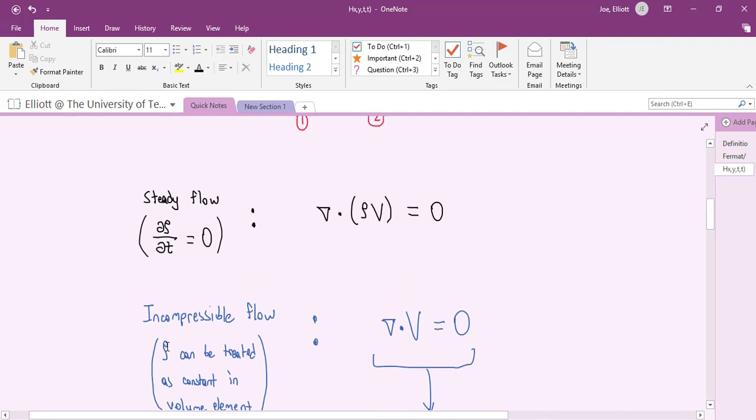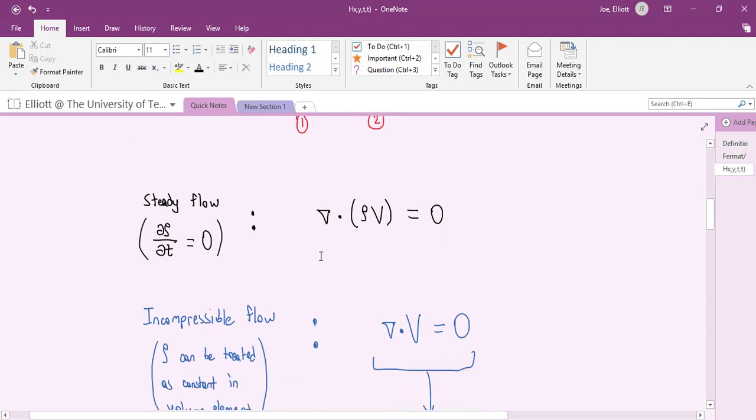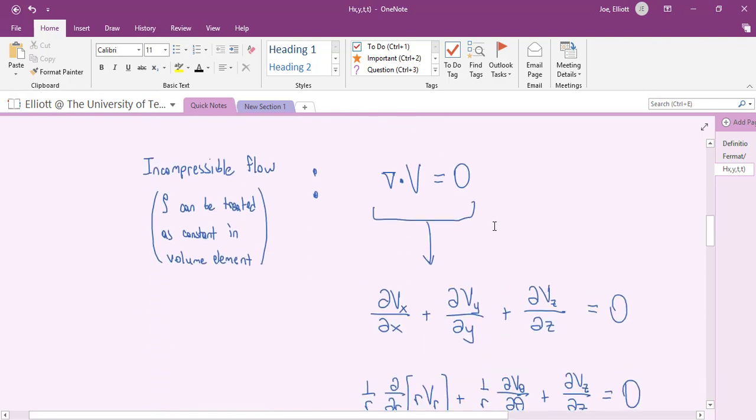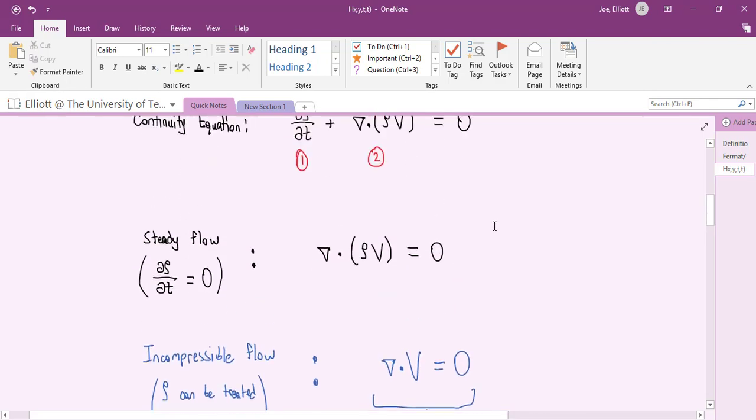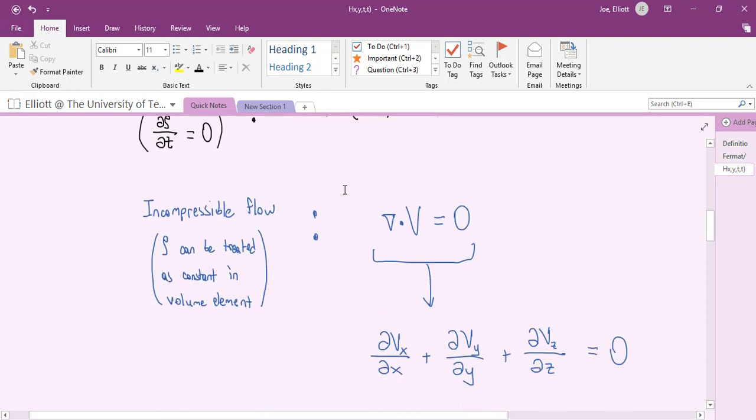And because we can treat the density as a constant within that little cube, first this term will be 0 if the density is constant. And second, the density here in the parentheses could be factored out if it's constant, and then you could divide it out of the equation. So for an incompressible flow, the continuity equation simplifies even more, as just the divergence of your velocity field should equal 0. Okay?